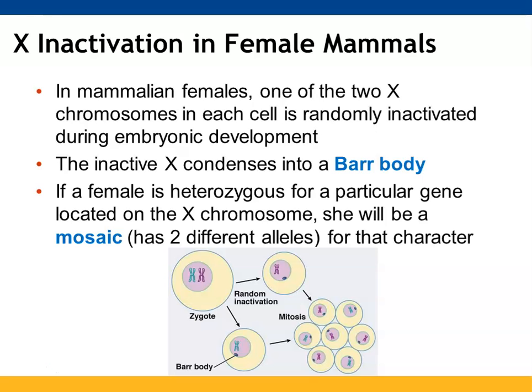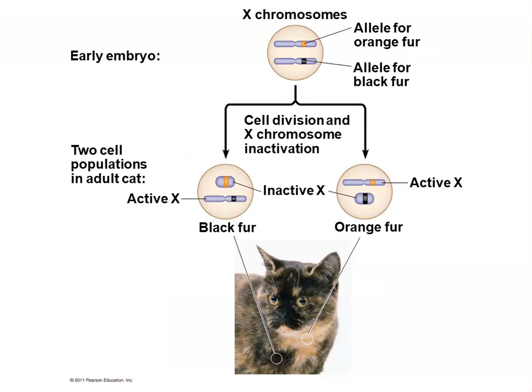And if a female is heterozygous for genes found on that X chromosome, because it is randomly inactivated, in one cell it could be the X chromosome she got from the mother, and in the other cell it could be the X chromosome she got from her father. She would become a mosaic for that character because she would have gene products that are produced with both the homozygous and the heterozygous alleles.